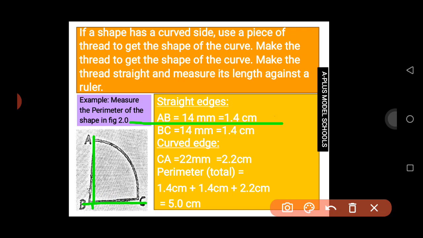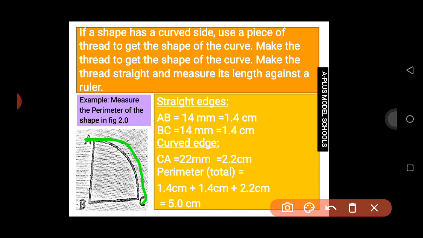Then you place your thread on this AC. Then after getting it, place it back on your ruler and measure it. After placing it on the ruler, you can see AC or CA, we have 2.2 centimeter.